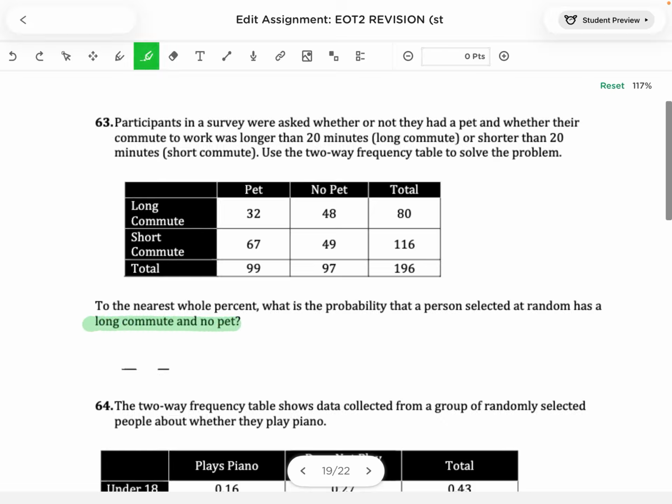So we need long commute with no pet, over long. So it will be 48 over 196. And we have to calculate the result, which is around 24%.